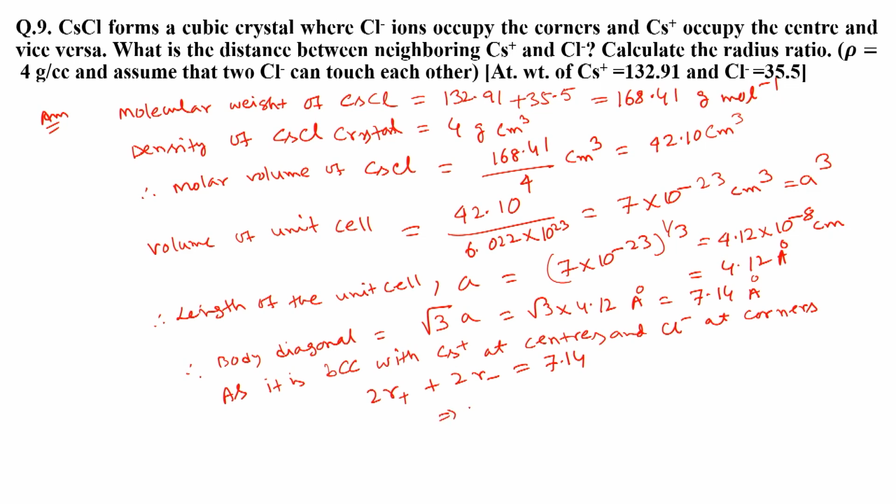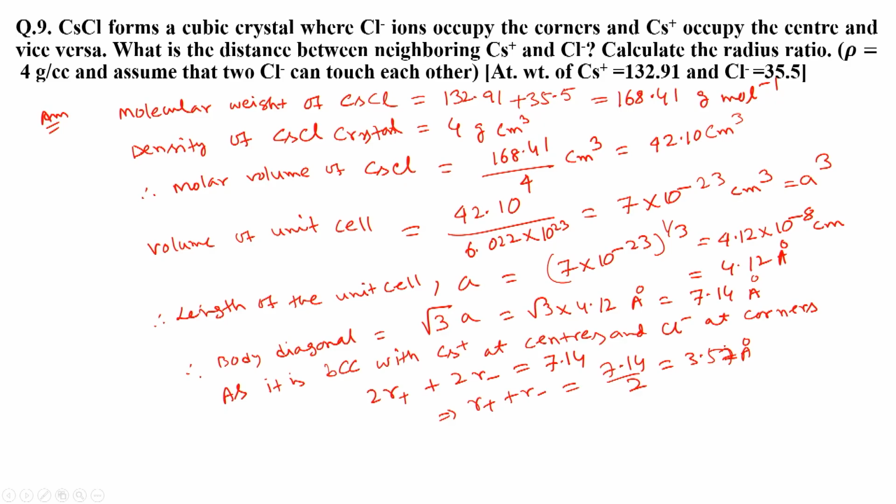So from there we can calculate R plus plus R minus will be half of this, so R plus plus R minus will be 7.14 by 2, so we get 3.57 angstrom.